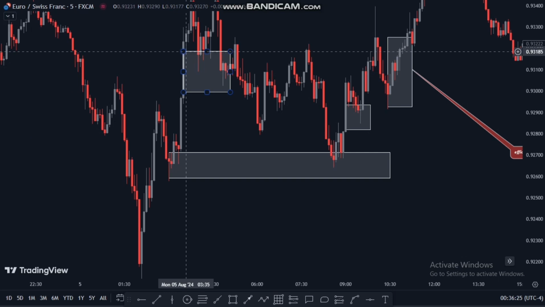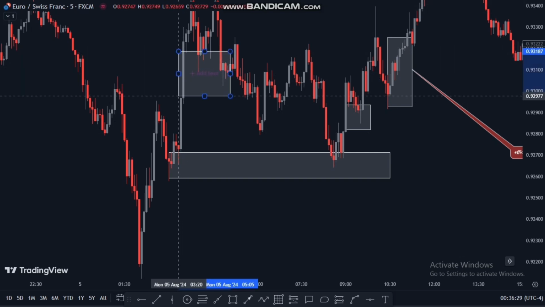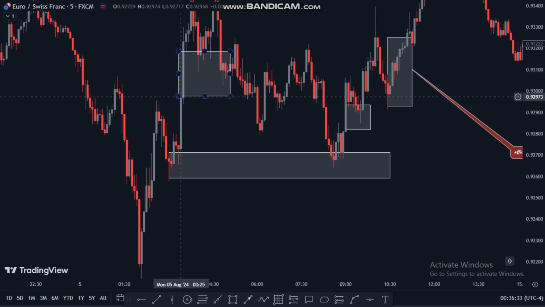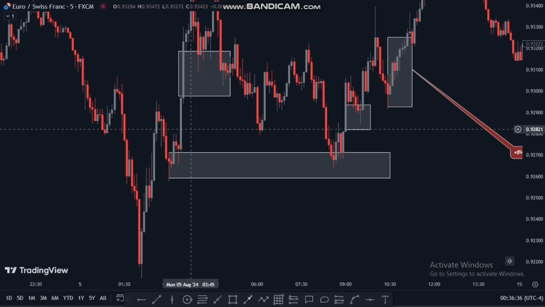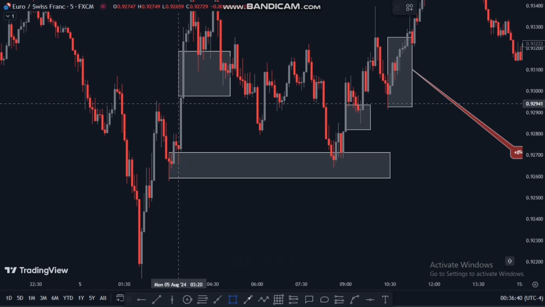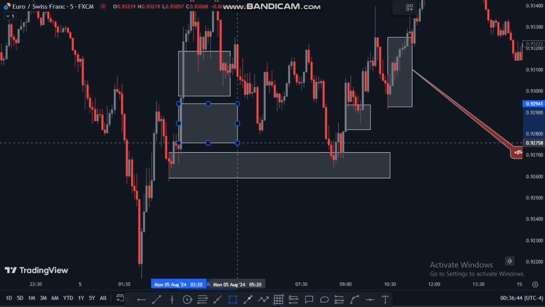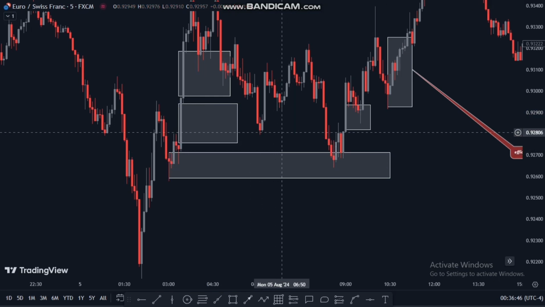As you can see, there was a space in between this wick right around there and this wick right around there, right? The shadow, or the wick, this wick and this wick, right? And also right around here, let me also mark it, right around there and also right around here, right?